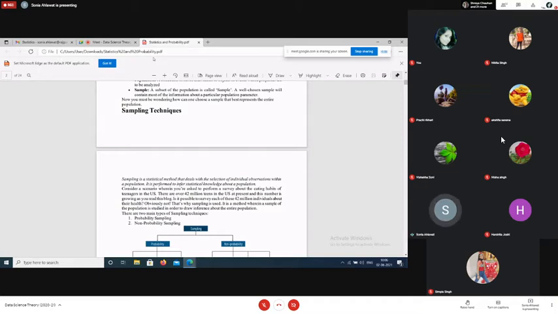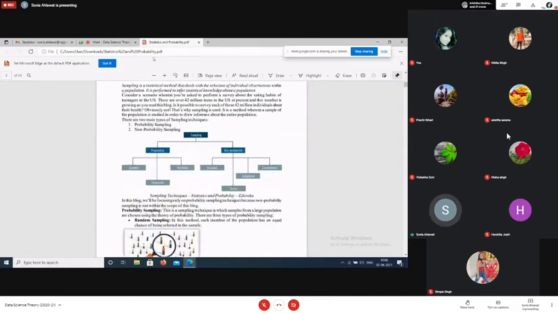Now, sampling is not like, okay, I have this population and I'll simply take this, or make a subset of this. It requires certain techniques to be taken care of. The basic technique is probability sampling, and if it is not probability sampling, then it has to be non probability sampling.